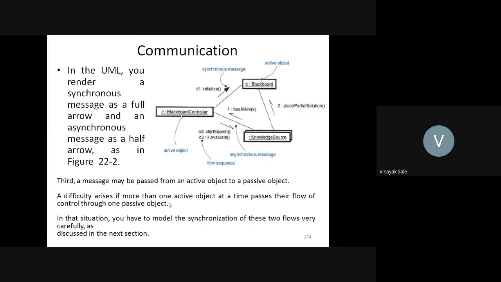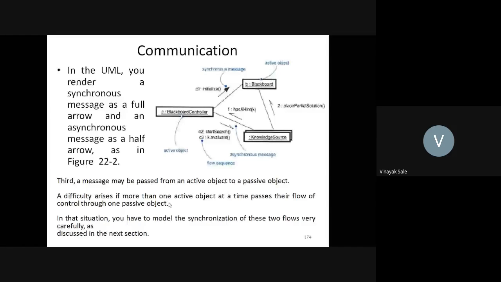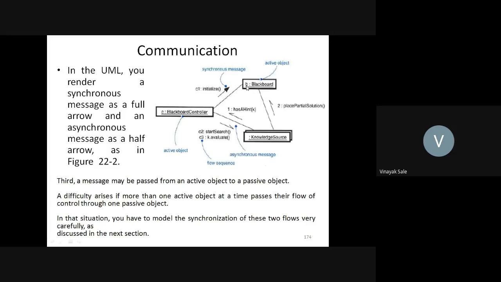See in this figure, there are three active objects. Blackboard is an active object, then knowledge source is also an active object, then blackboard controller is also an active object. In UML, you render a synchronous message with a full arrow.